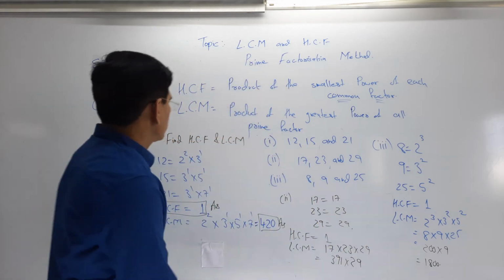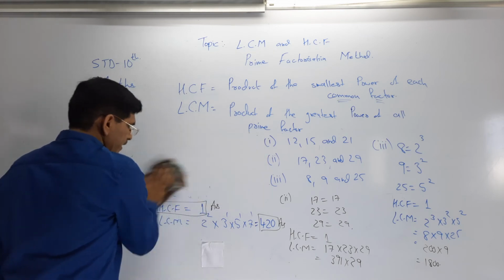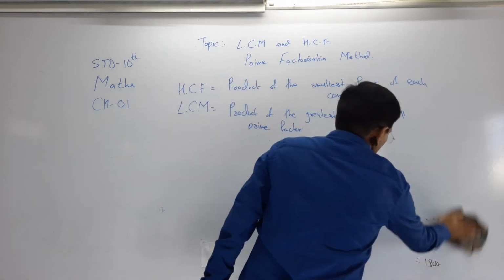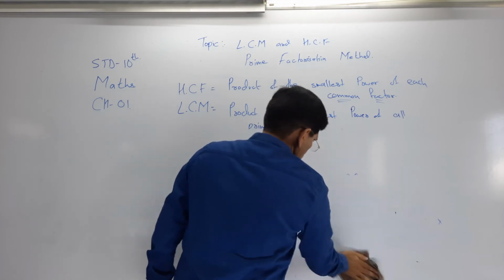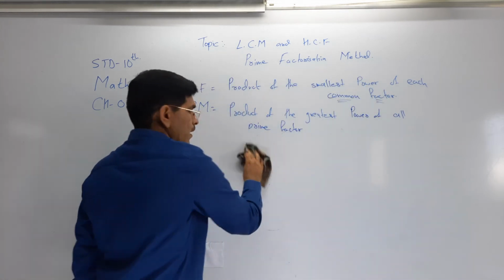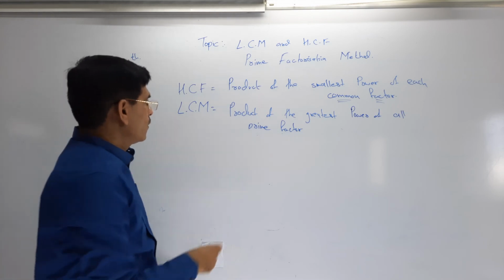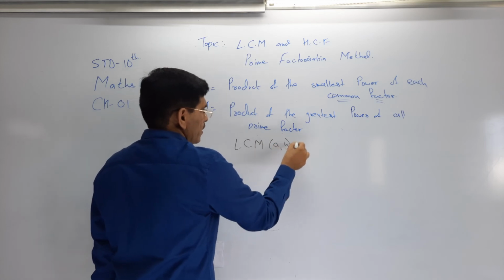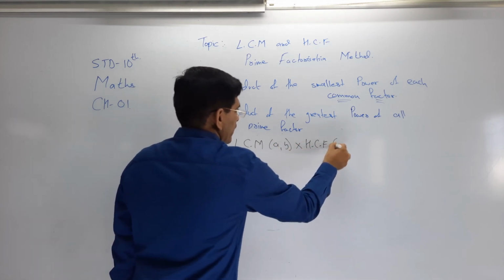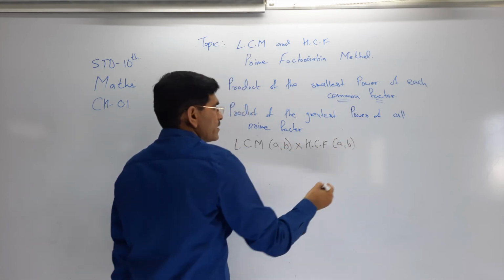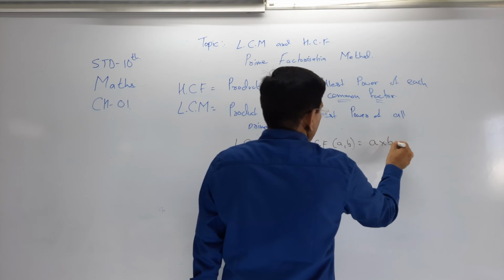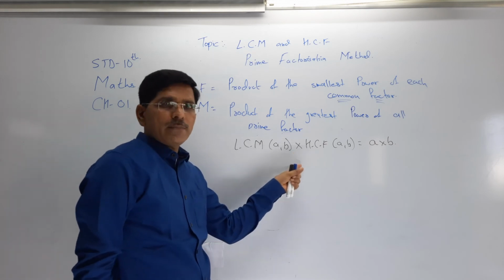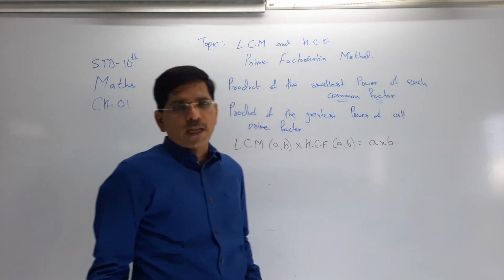That is, if A and B are the two terms, then HCF of A, B multiplied by LCM of A, B is equal to A multiplied by B.